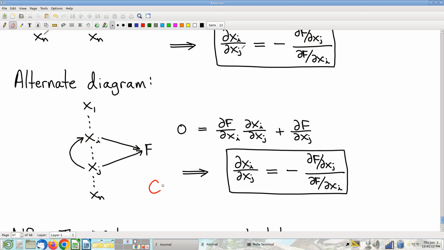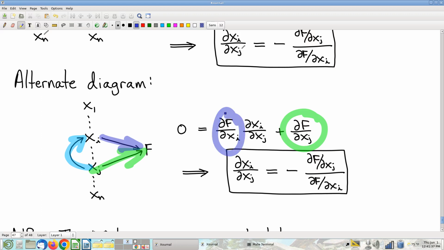So, let me write that down. When xj changes, that makes a direct contribution to f changing. Furthermore, when xj changes, that causes xi to change, and xi changing also makes a contribution to f changing, and that gives us the product of these two factors.